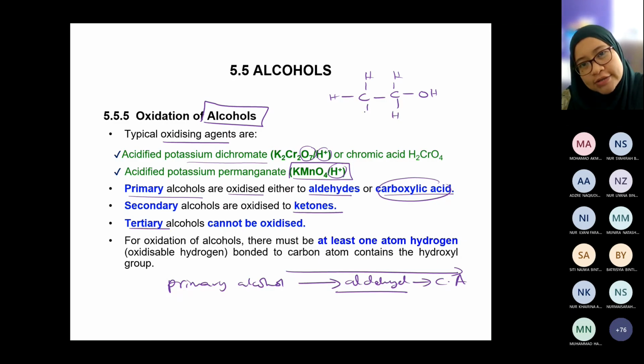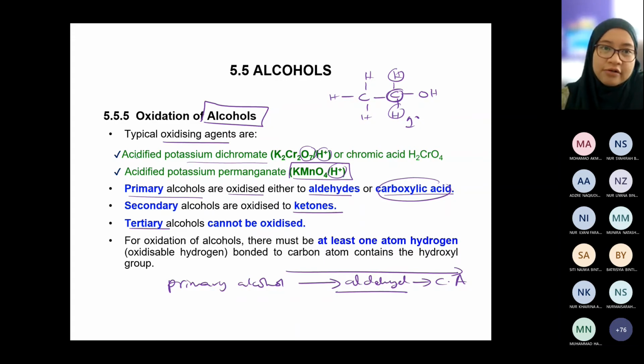Contoh lah ya. So this is primary alcohol, right? Okay, so this carbon mesti kena pegang at least one hydrogen in order to undergo oxidation. So this is primary alcohol kan? So dia ada dua hydrogen there. So it can be oxidized.